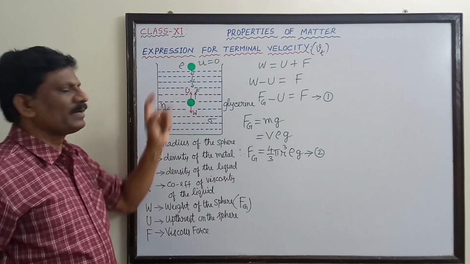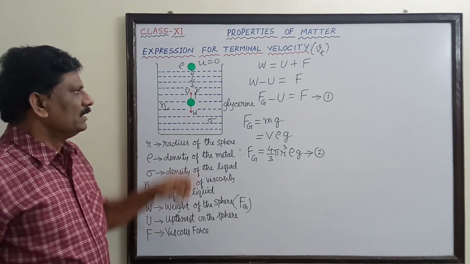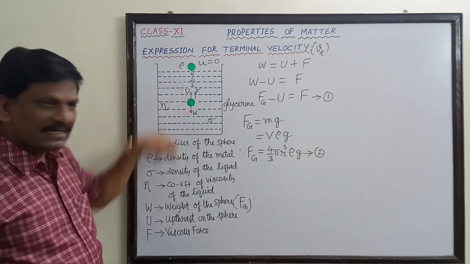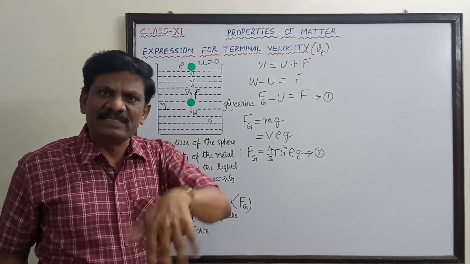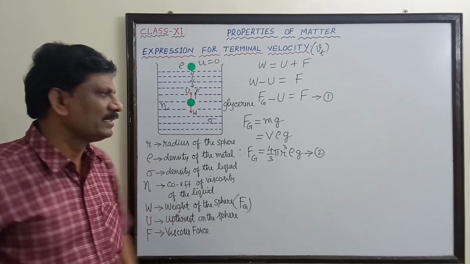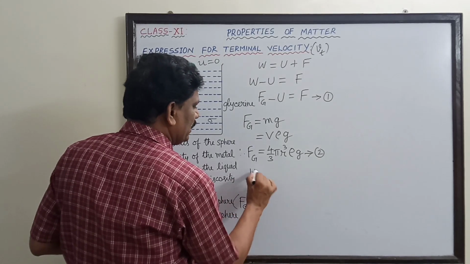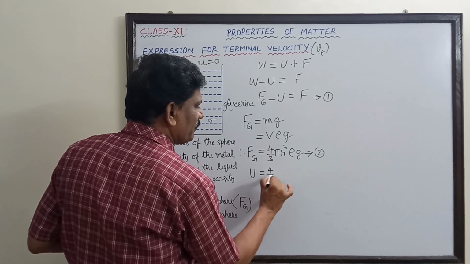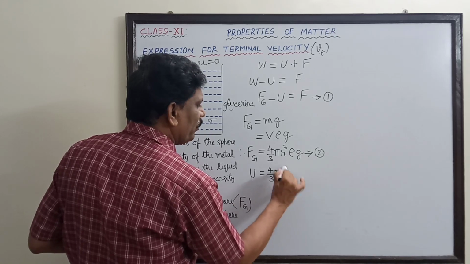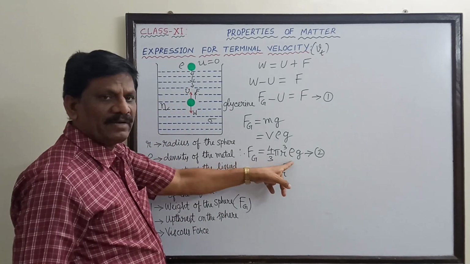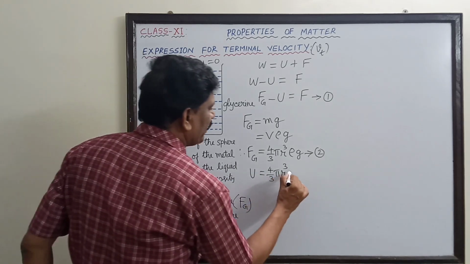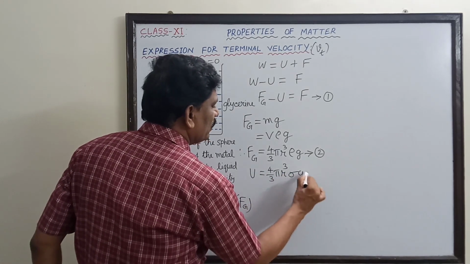Now, what is the expression for the upthrust? When the sphere is descending inside the liquid, it displaces an equal volume of the liquid. Therefore, upthrust must be equal to the same volume, 4 by 3 pi r cube, but instead of rho, we substitute the density of the liquid, sigma, into g.